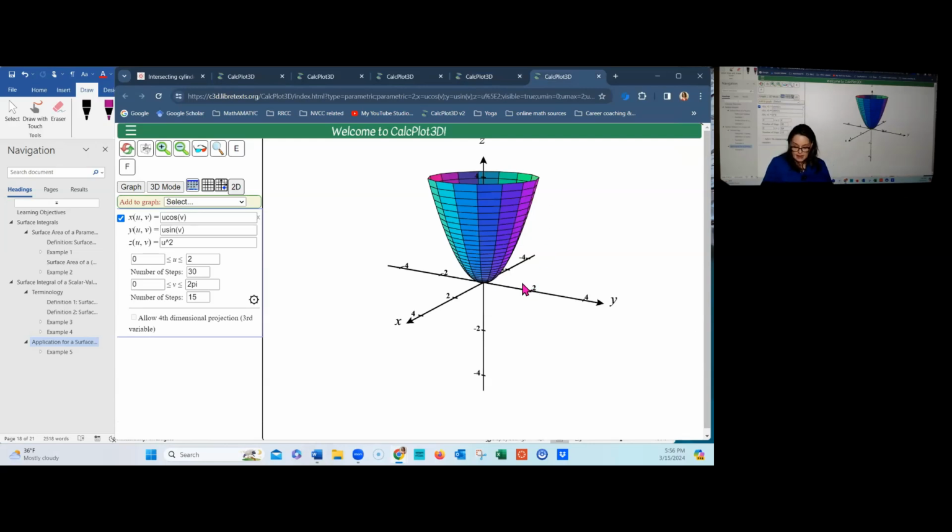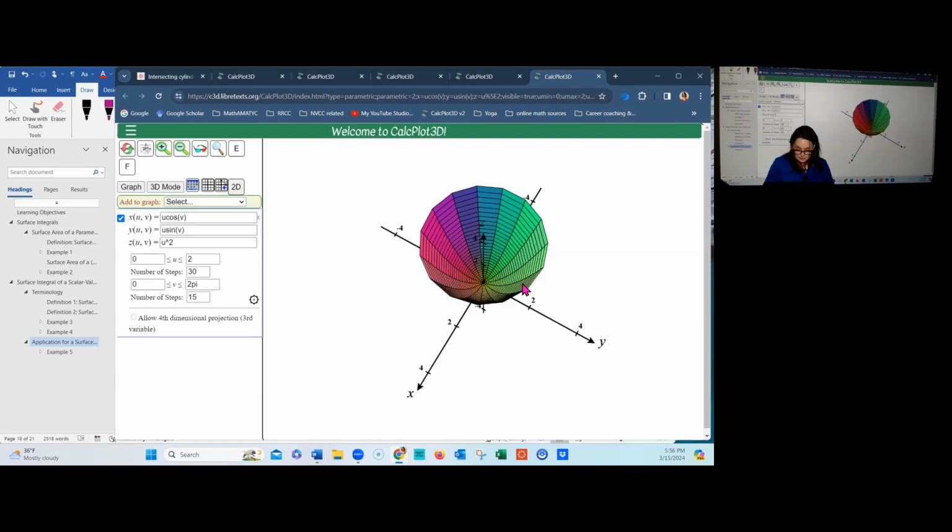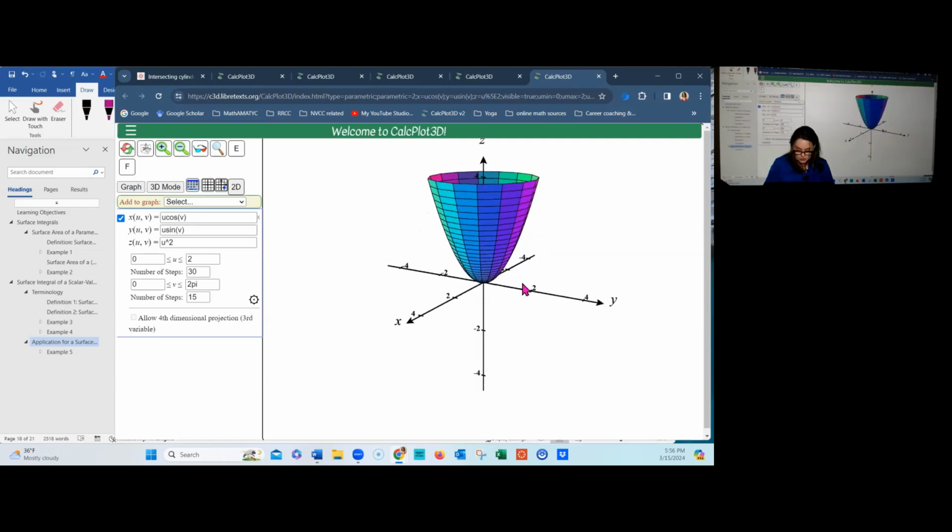We basically have a circular paraboloid, varying from 0 at the origin out to where x squared plus y squared is equal to 4. Since z varies from 0 to 4, we have a circle from a point at the origin out to a circle of radius 2.